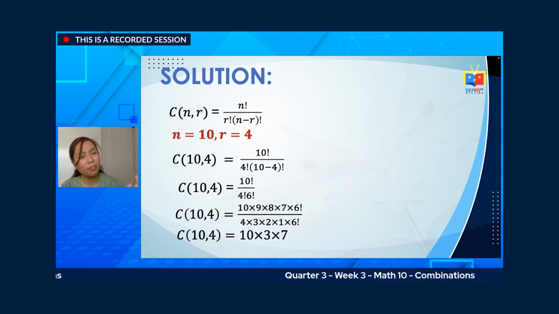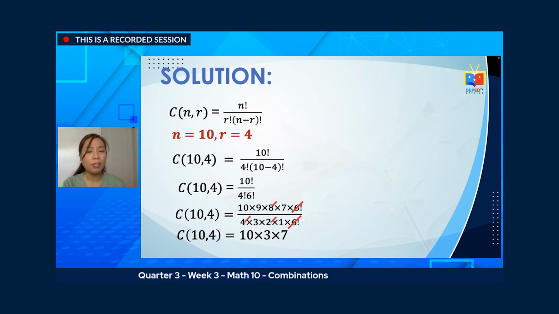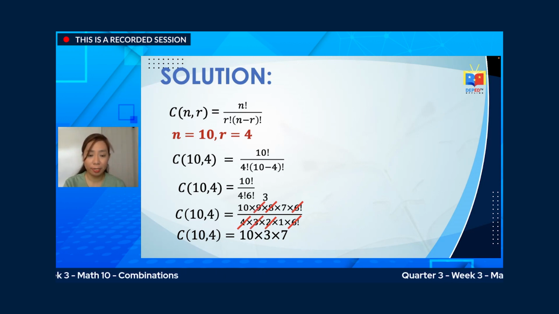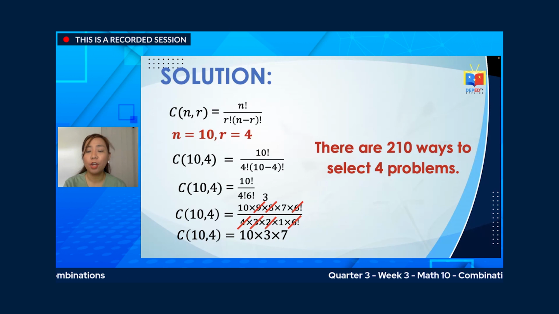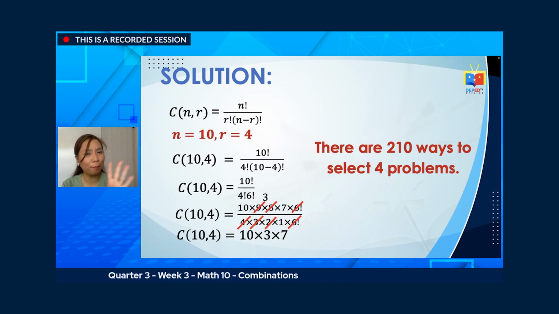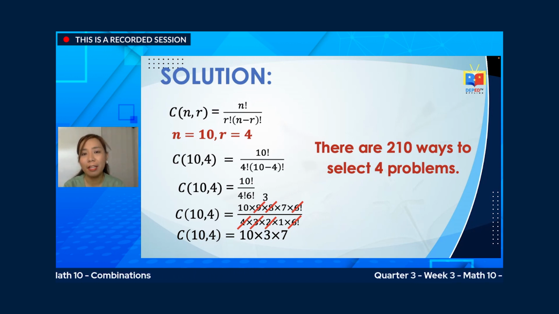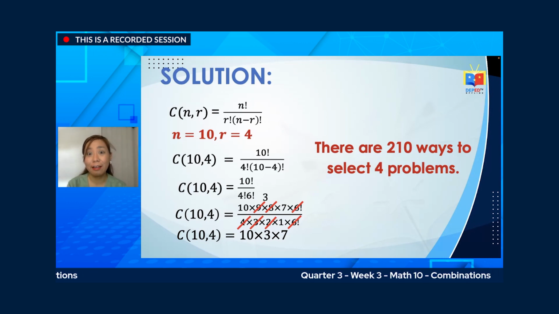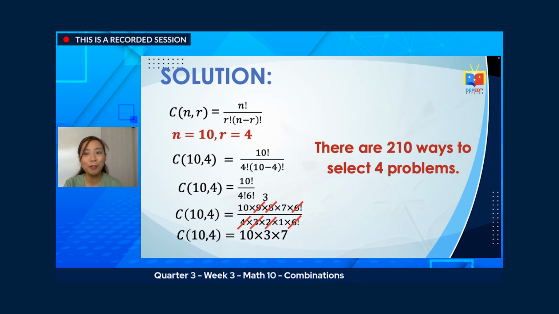And again, use your calculator or expand and simplify, and you will be able to get here 10 times 3 times 7. The answer is there are 210 ways to select 4 problems out of the 10-item problem in a math test. There are a lot of ways to choose from, right? 210.